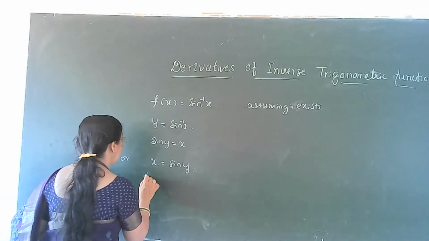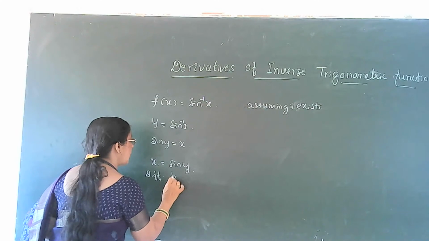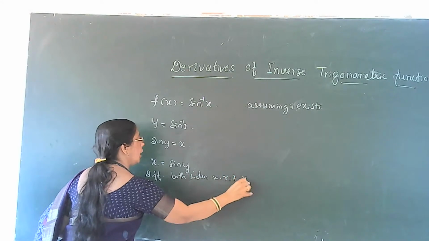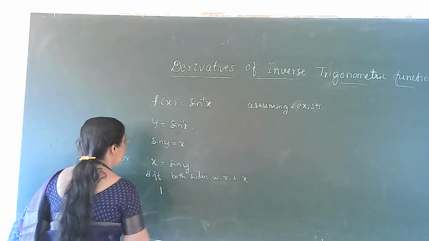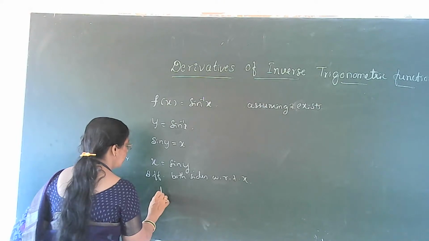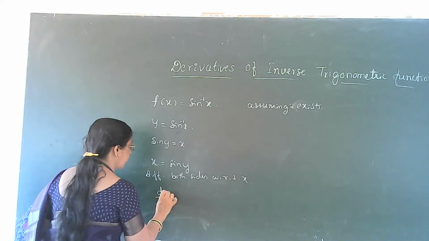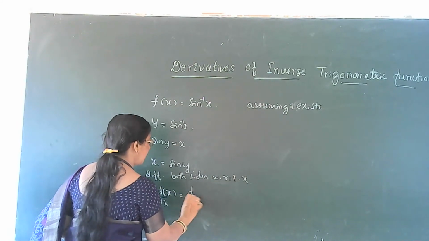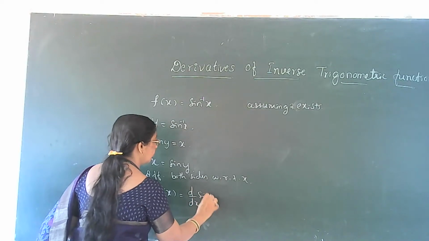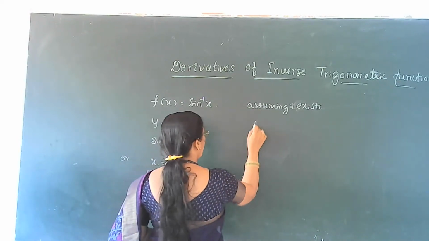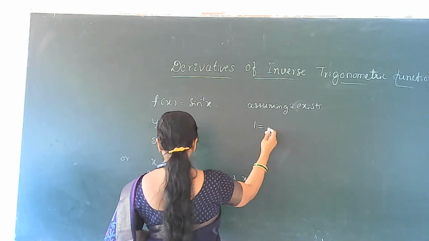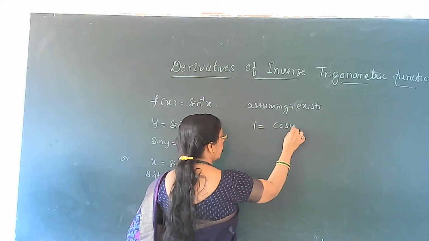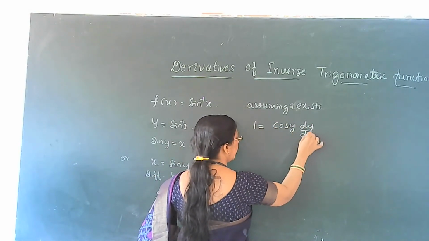We have to find the derivative by differentiating both sides with respect to x. Derivative of x is 1, or d by dx of x is equal to d by dx of sin y. Here 1 is equal to derivative of sin y, which is cos y into dy by dx.